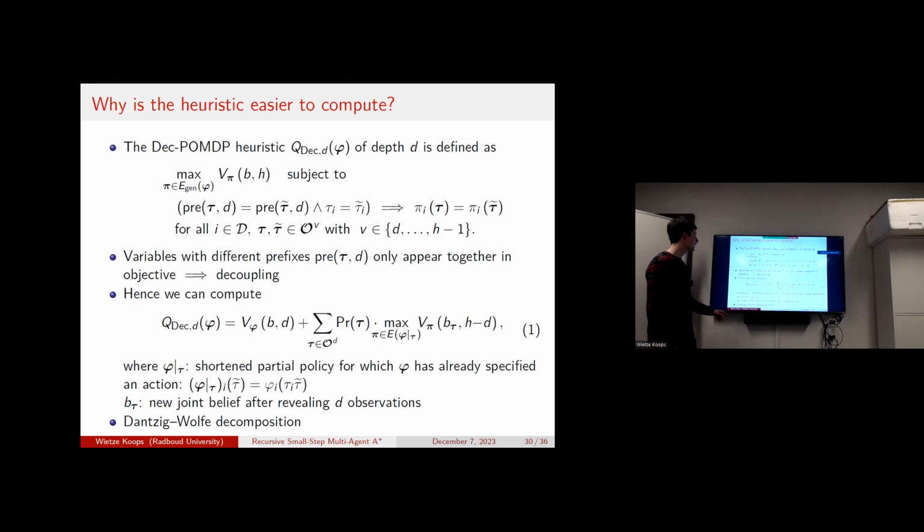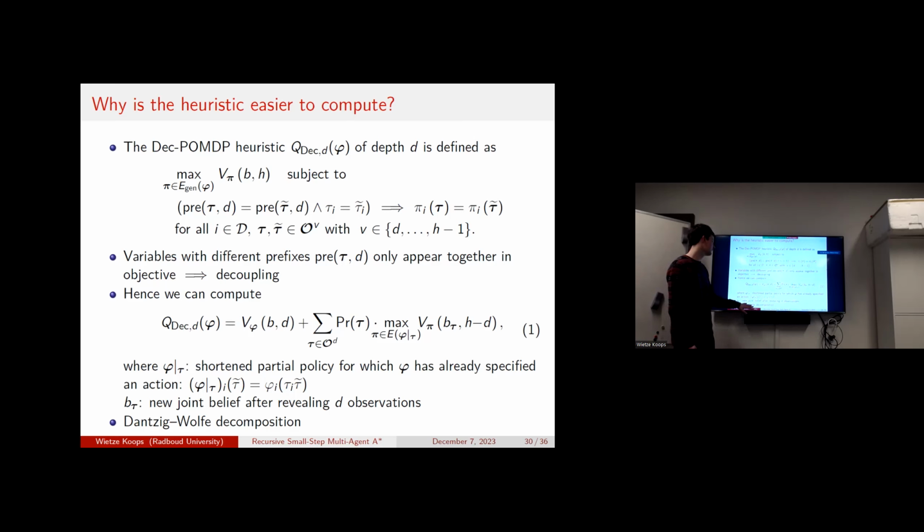I'm just going to focus on the parts of the policy that assume that I have observed this particular tau in the first D stages. So that's what this phi constraint to tau means.